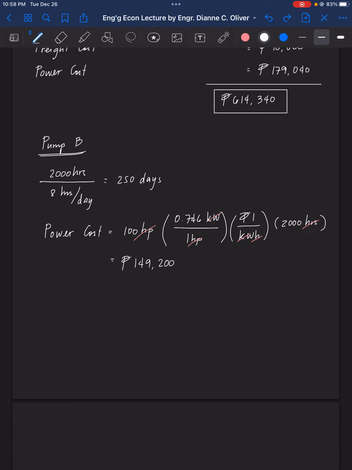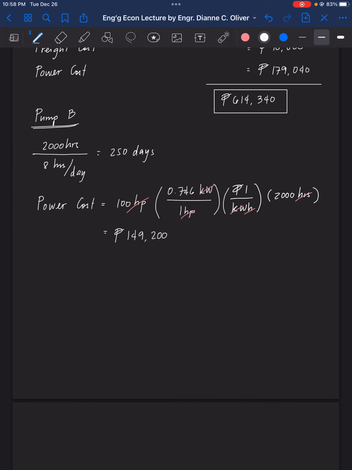So we have here rental cost, that was 310,000 pesos.